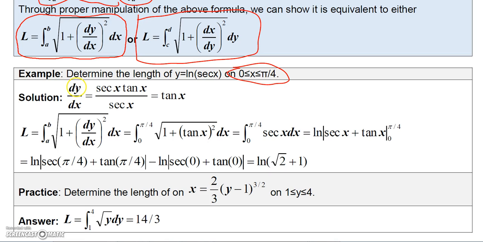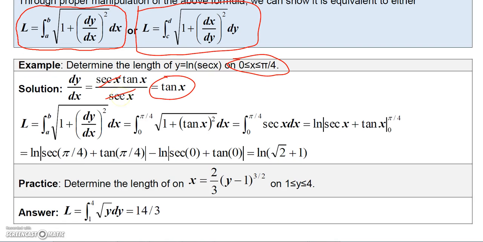The derivative of y with respect to x is 1 over secant x times the derivative of secant, which is secant x tangent x. The secant x over secant x cancels, and so you just get tangent x.